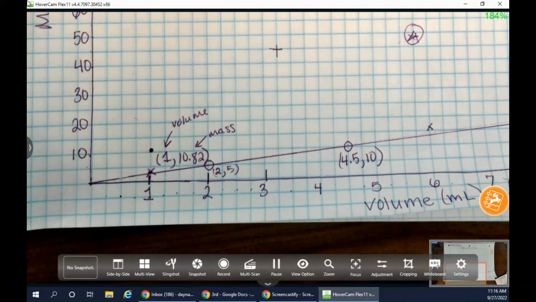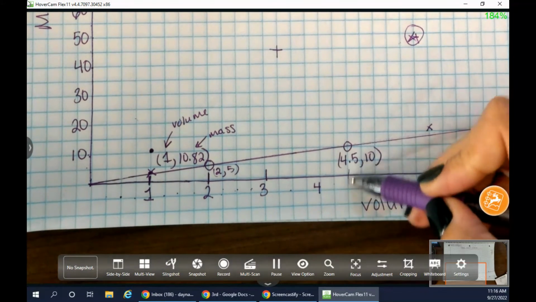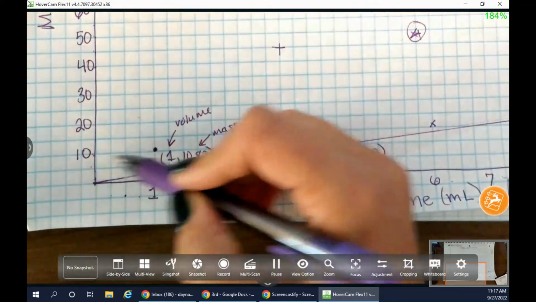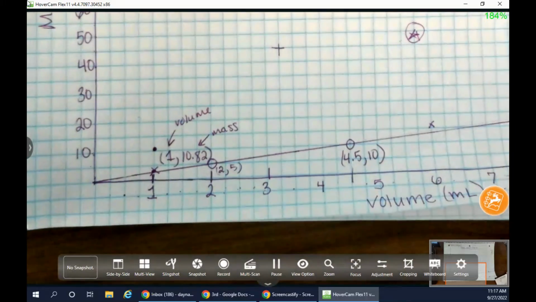Okay? If you need help with that, if you don't know what a square means, please let me know so I can help you out, okay? But for the most part, mine was right here and right here, so I could do 2 and 4.5, and up here I did 5 and 10, okay?